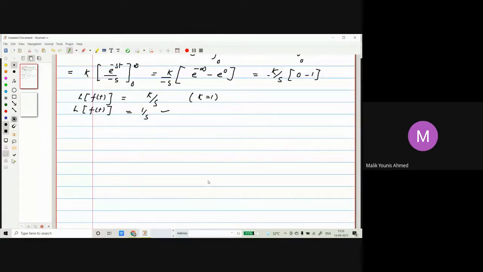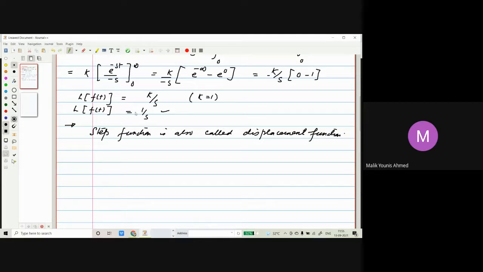network analysis also. So if we have to see the physical significance of this one, the step function is also called the displacement function.